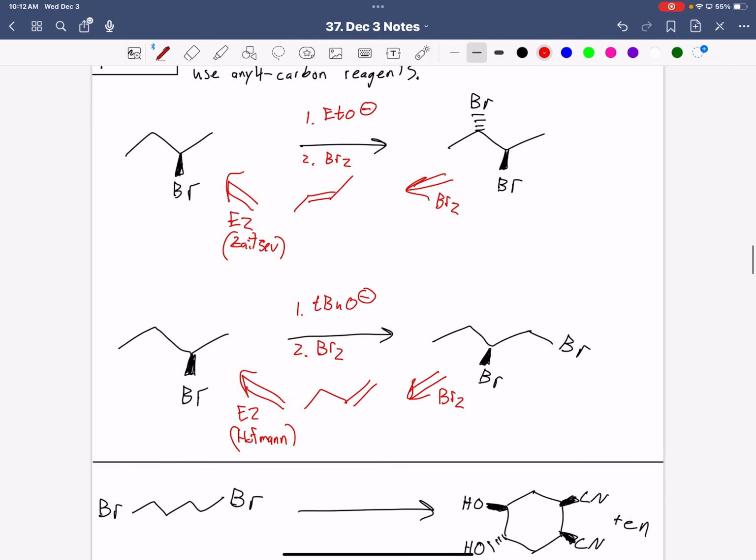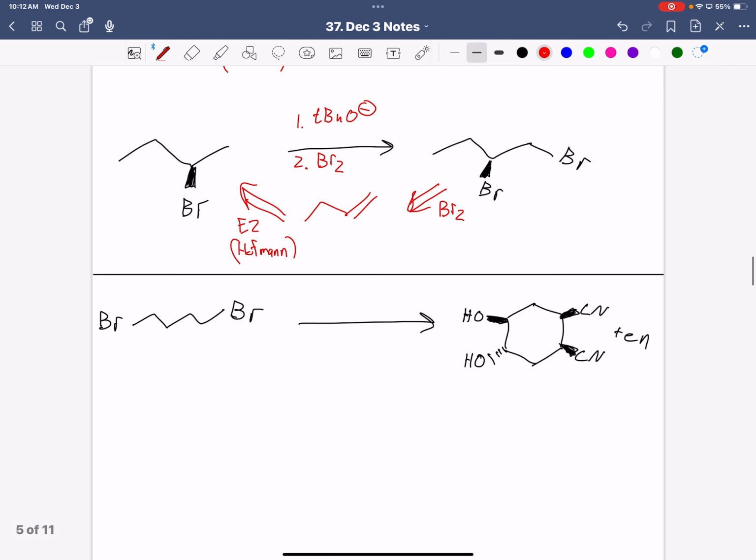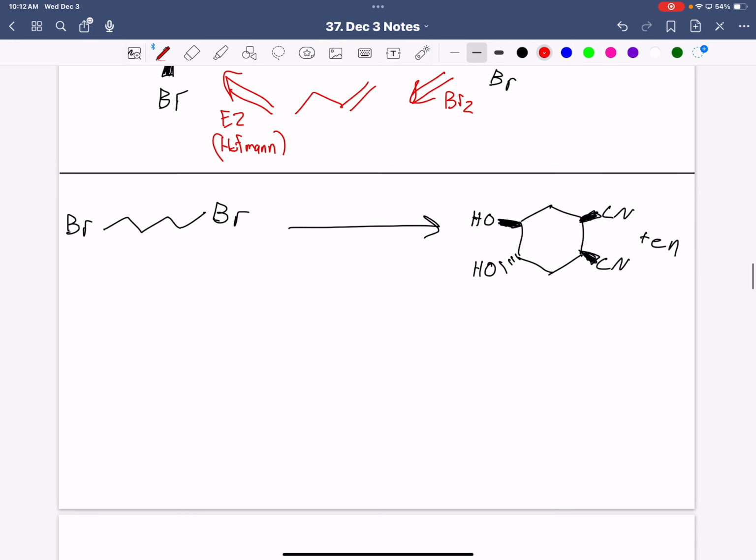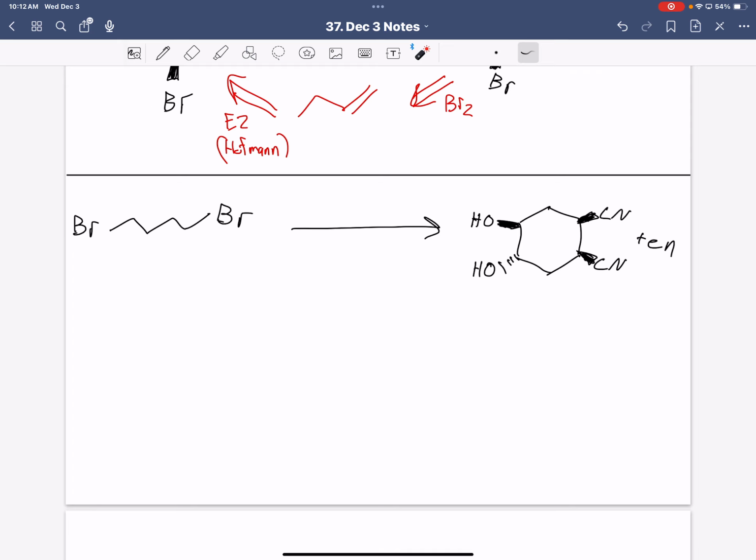Those okay? Make sense? Okay, now the fun one. How many reactions do you know that make a 6-membered ring? Pretty much just that one, right? But Diels-Alder products have a pi bond in them. This doesn't have a pi bond in it, so it's probably Diels-Alder, but probably not the last step.